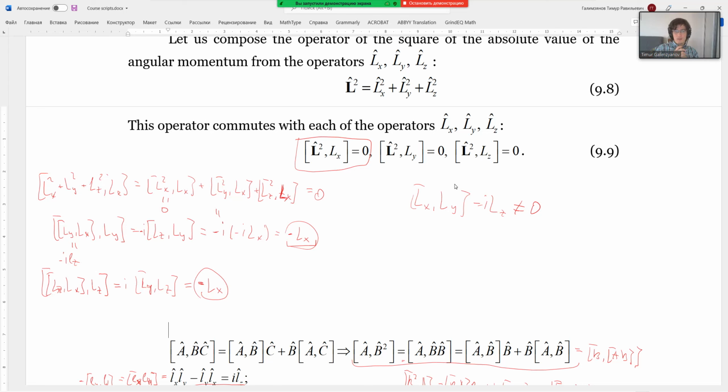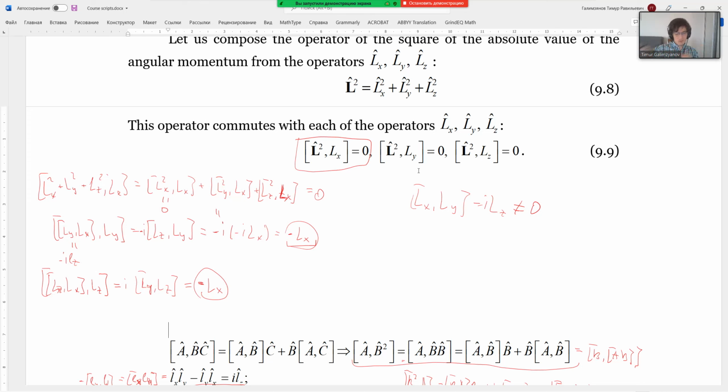But commutator of squared angular momentum with projection of the angular momentum equals 0. What does it mean? You remember that from the physical point of view, if two operators commute with each other, then you can measure these quantities together or simultaneously.